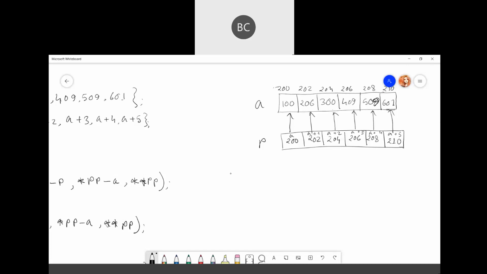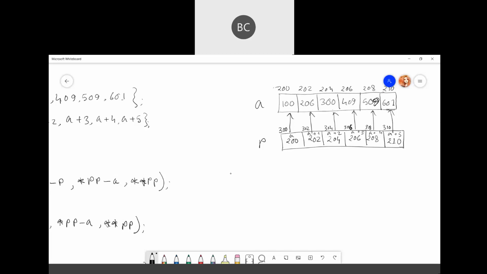Now suppose the address of P starts from somewhere around 300. The address of variable A starts from 200, and the address of the P pointer array will start from, for example, 300. So the addresses will be 302, 304, 306, 308, and 310.